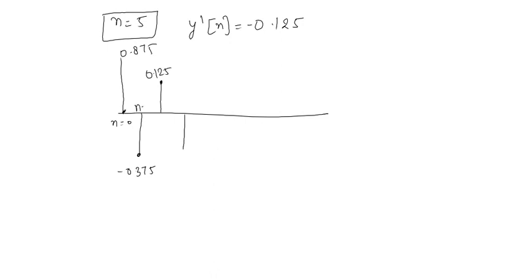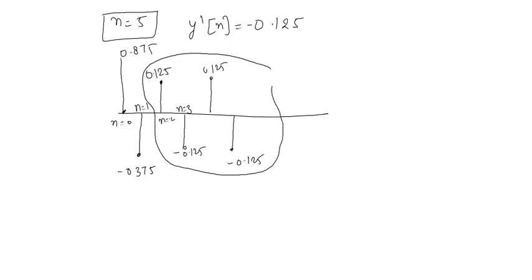This is n equals 1, this is n equals 2, this is n equals 3, this is minus 0.125, and again it is 0.125, again it is minus 0.125. So what is happening if you see this thing? Even the input is 0.